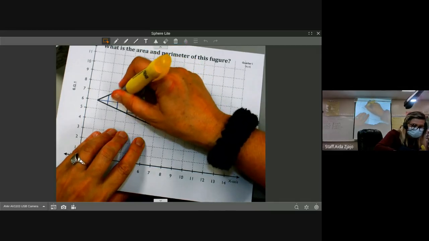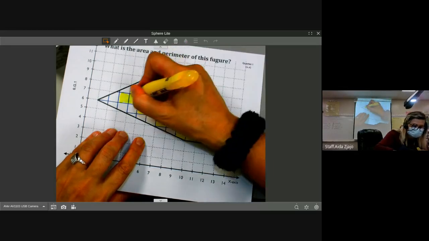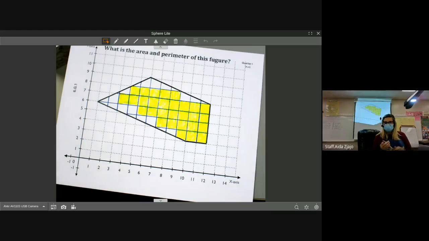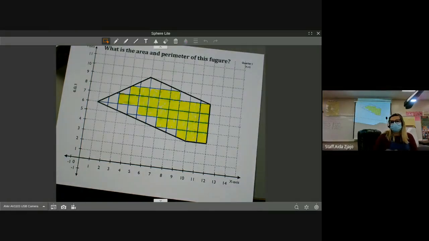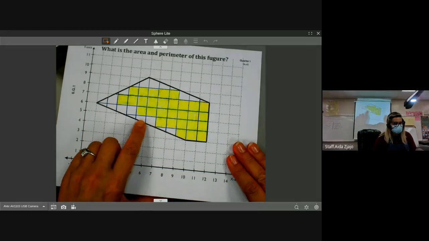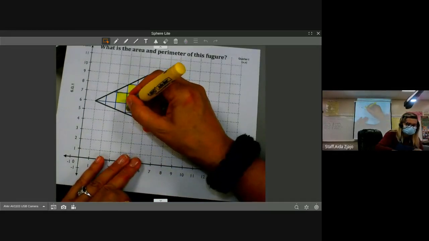If you color ones that are not whole, that's okay. You can take a different color and do other coloring. So far, this is partial, partial, partial. Oh, I missed one. This one here is whole.